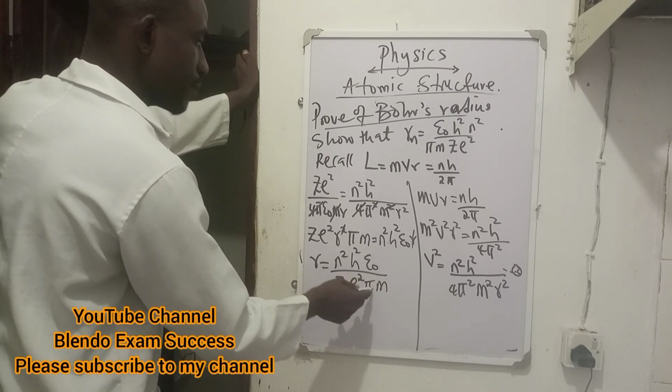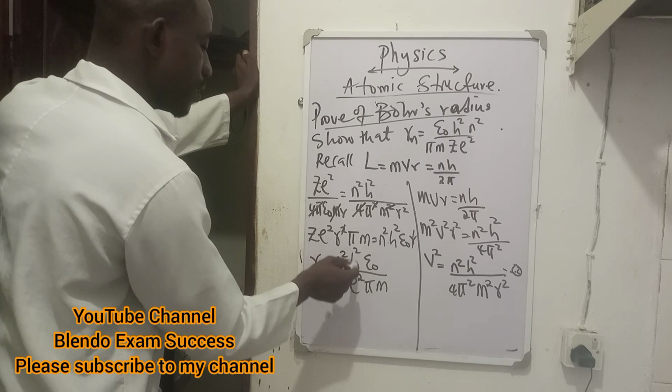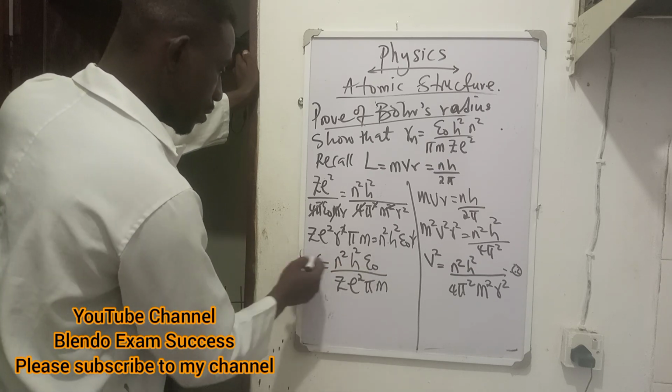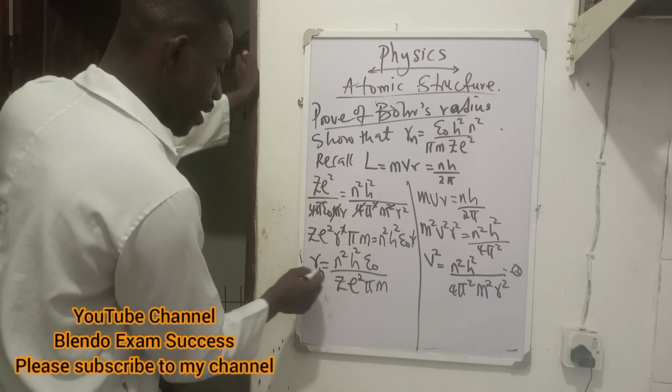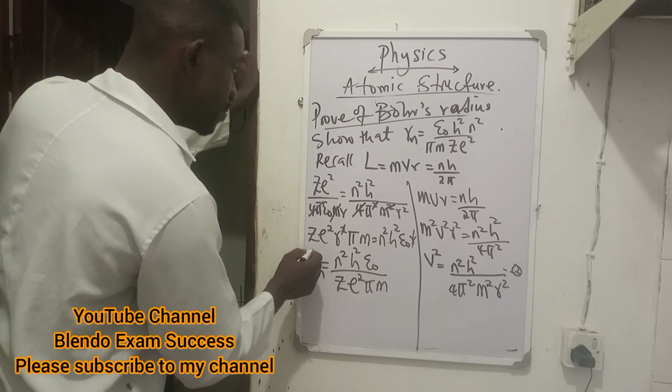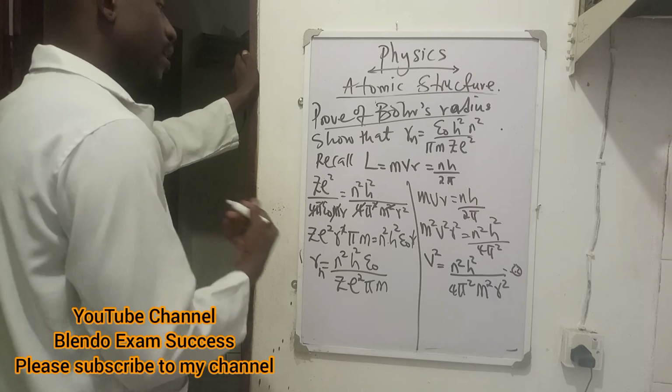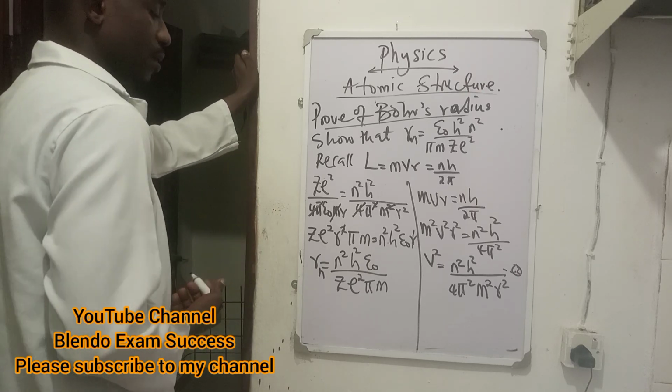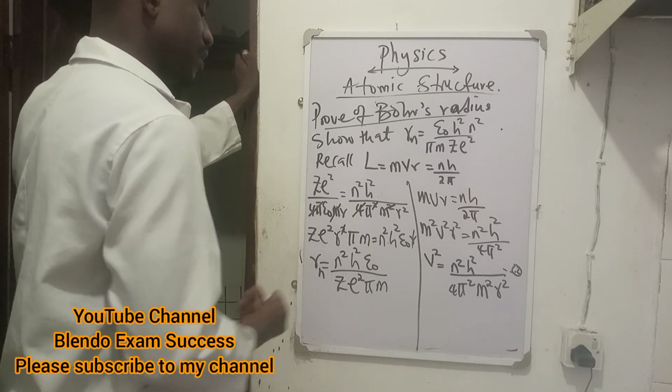Okay, Z squared pi m, n squared h squared epsilon naught. Okay, so this becomes rn. So in this case, this is the radius of the atom. Okay, it is called the radius of the atom.